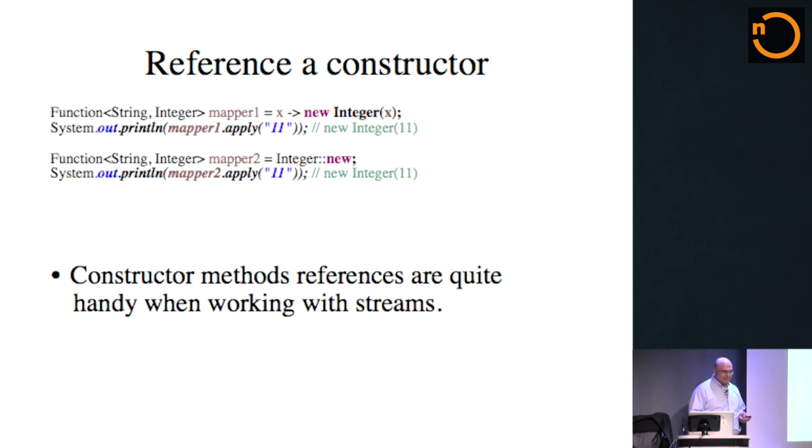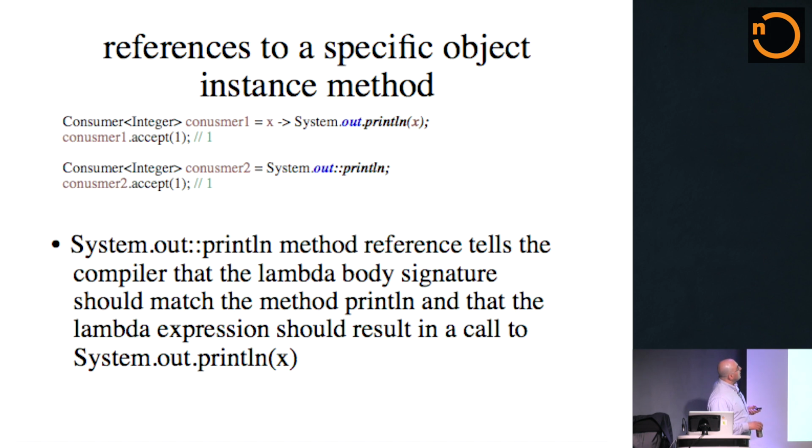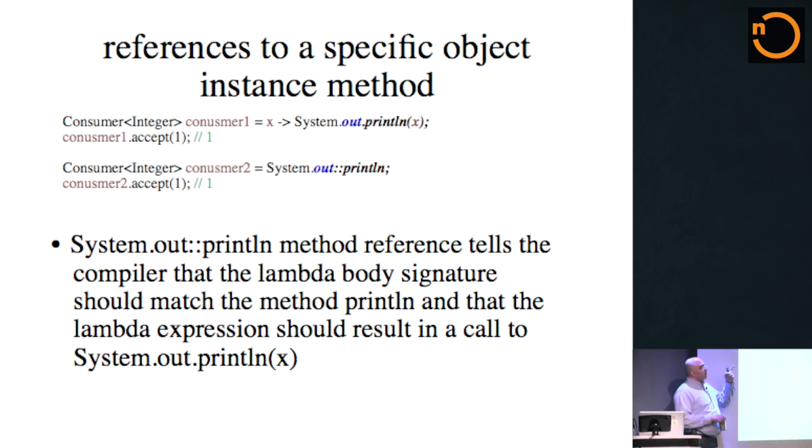OK, comments, questions? Where this is quite useful is when you're working with streams. You'll find that this becomes incredibly useful. What about if you wanted a specific method? Let's say your Lambda expression now was a consumer that went out to System.out. Now System.out is an object, right?